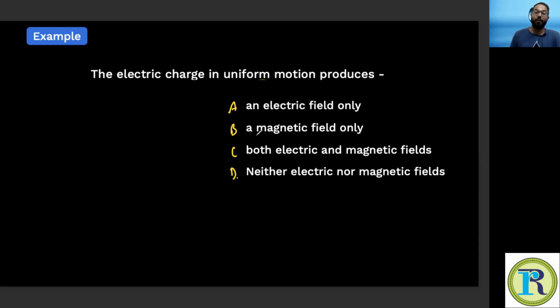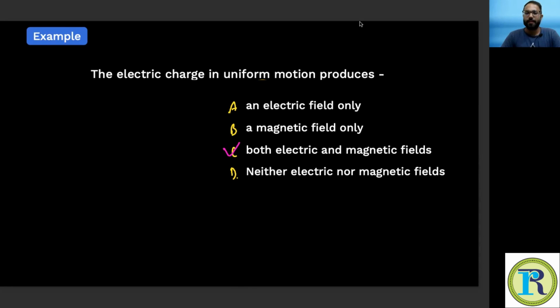We already know that when an electric charge is in uniform motion, it will produce both electric and magnetic fields. Clear? Is there any doubt, any confusion?